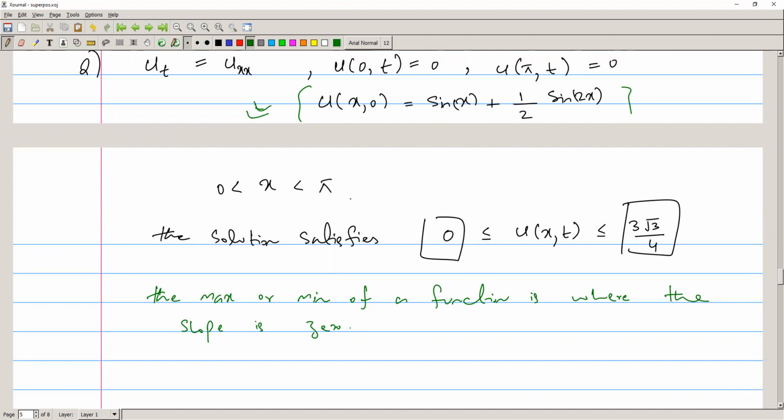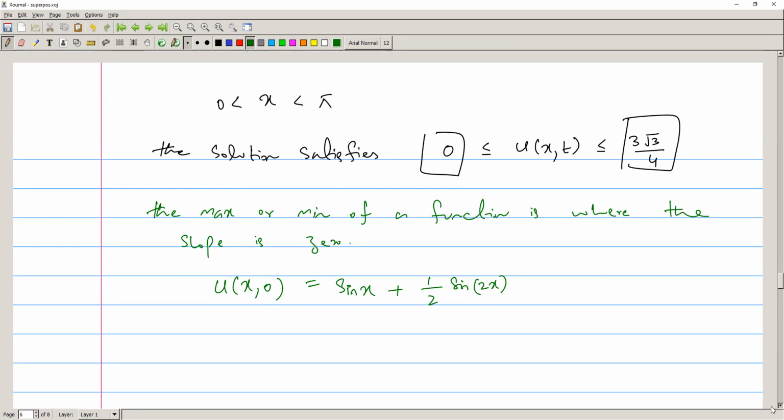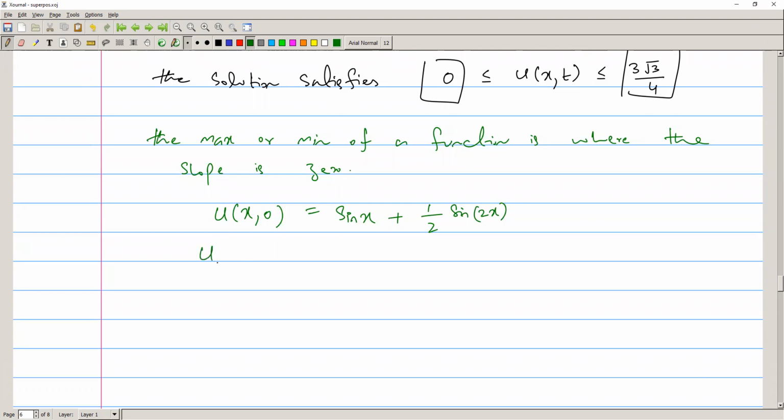All right, so now we can see that the condition is given as u(x,0) equals sin x plus 1/2 sin 2x, right? So now to find the slope, we will differentiate this equation.